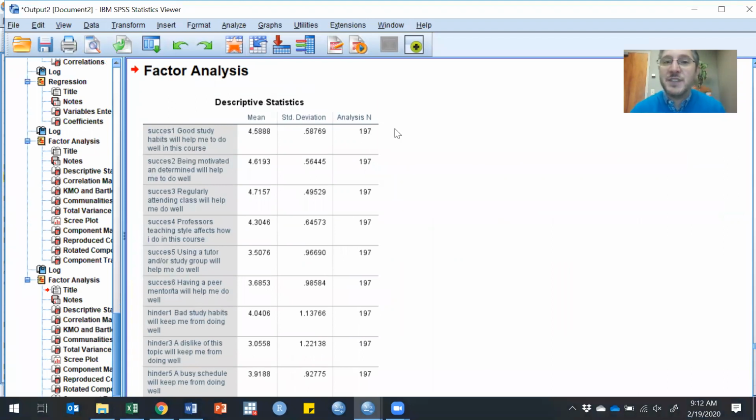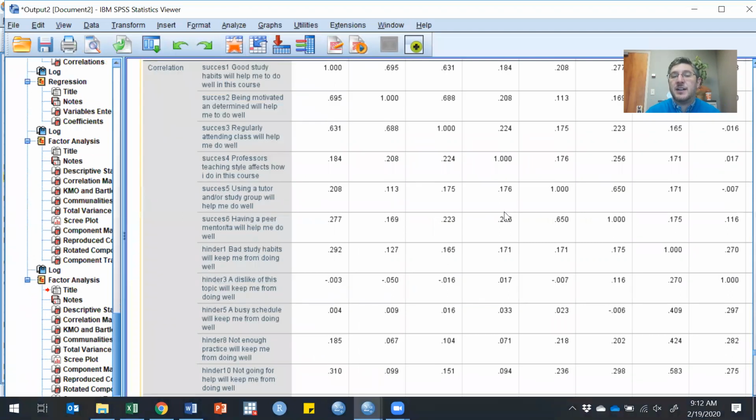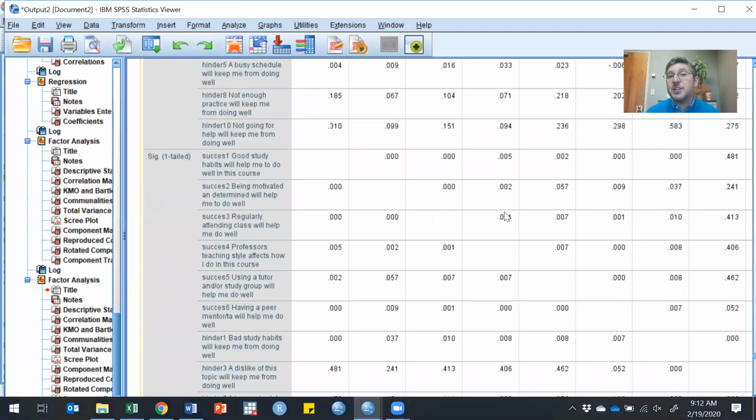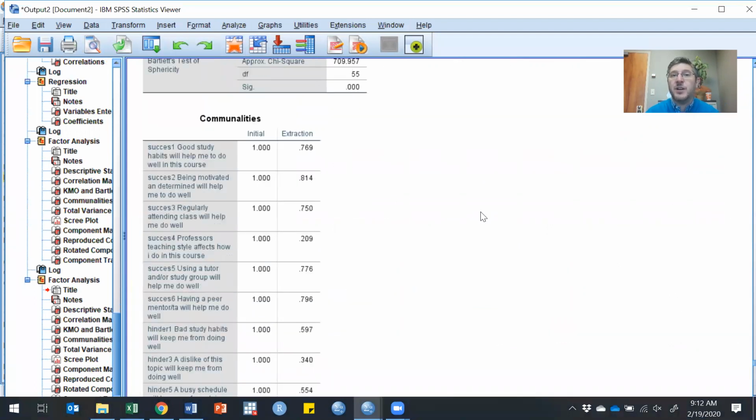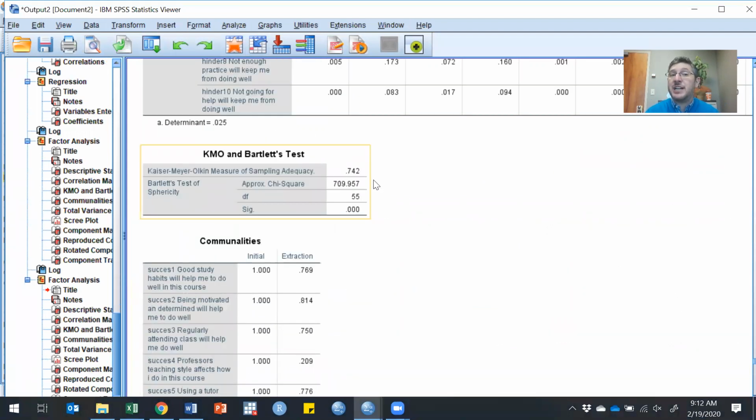Here we go. Notice we still have the same number of people, 197. The correlation measures stay mostly the same. We're just missing a row that we had before. Your KMO will change slightly, and your Bartlett's test will change slightly because we're analyzing a different correlation matrix here.